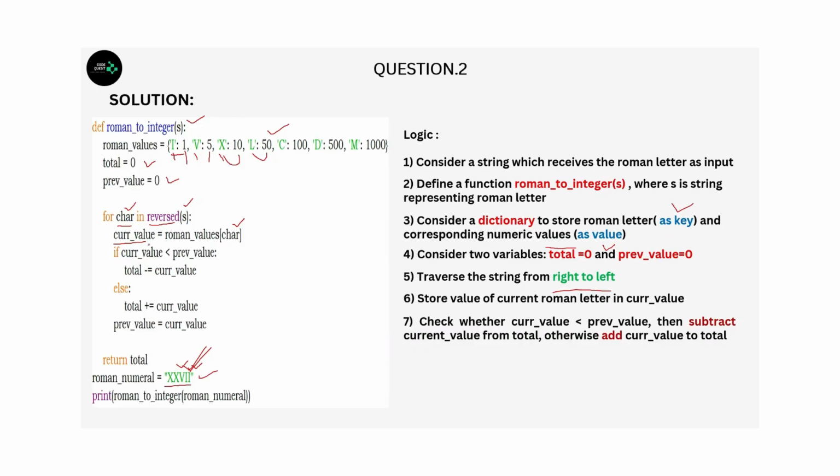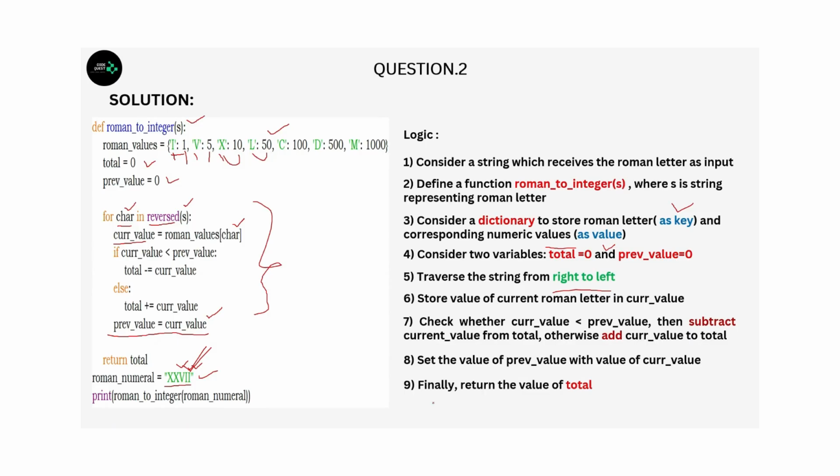If this is false, I add the current value to the total. After this, towards the end, we update the previous value with the current value. By the end of the entire loop, we receive a value for the total, and that is what we give back to the call.